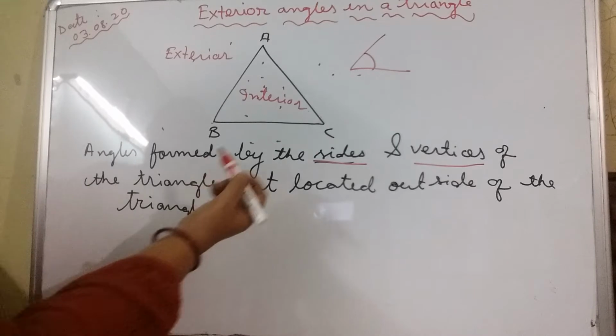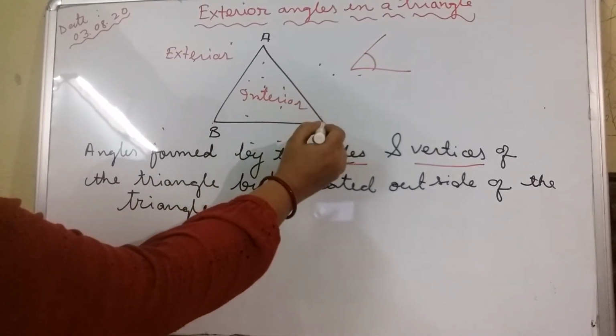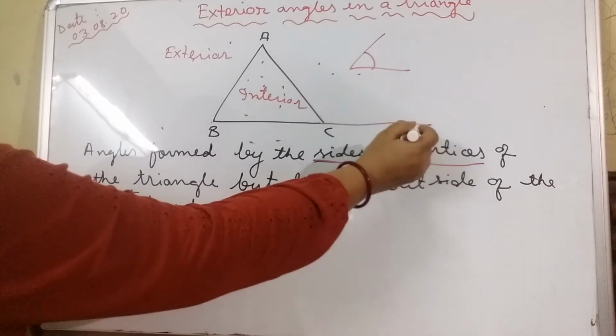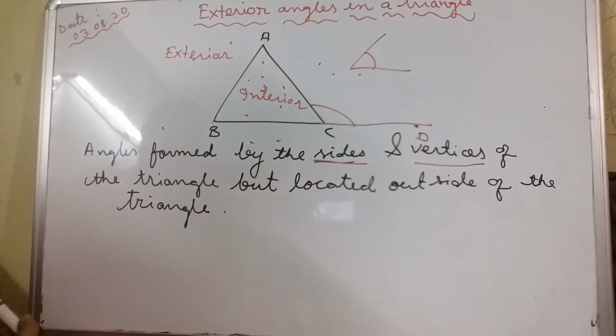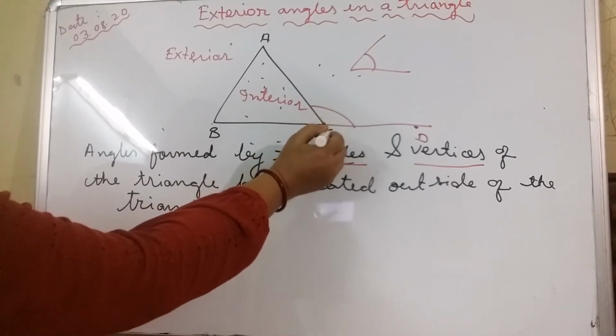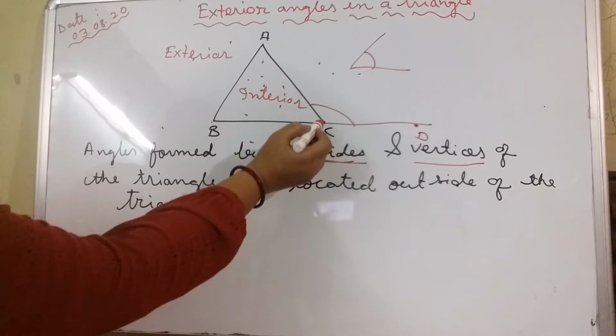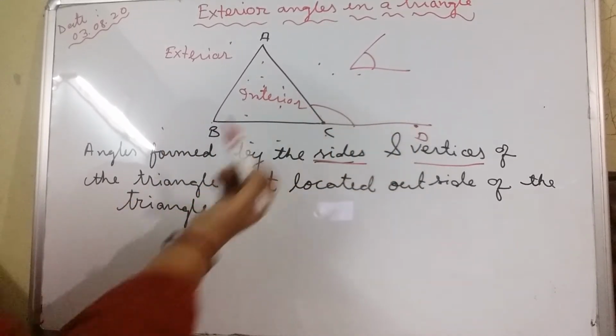Okay, so let's draw. If I extend this side BC, say this is up to D, an angle is formed here which includes this vertex C and this side AC and this extended part of BC, that is CD.